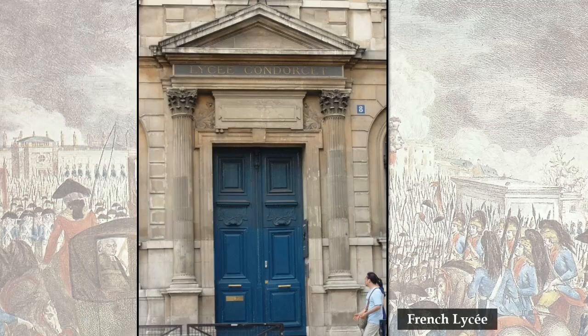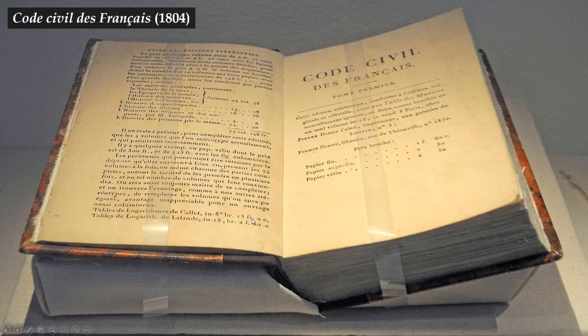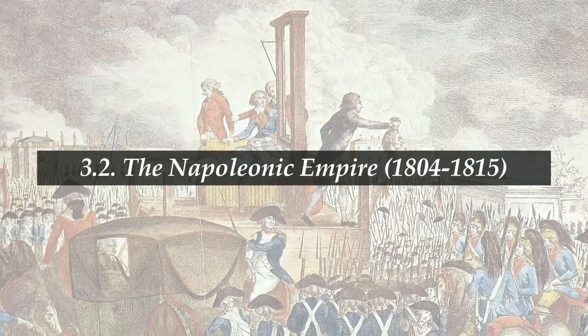And he managed to do so, and he also introduced new reforms, such as public education or the new code of laws, which is very important because it was going to be the inspiration for the rest of the European codes during the 19th century. And also he signed an agreement with the church, which is called the Concordat.